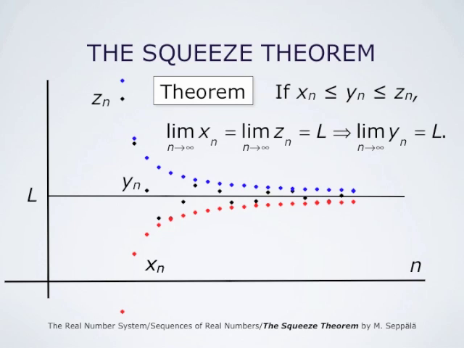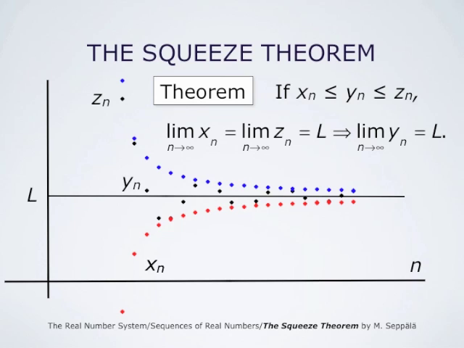Graphically, this can be pictured as viewing the elements of xn, yn, and zn as being the graph of a function defined for positive integer values of n. In this picture, the horizontal axis is the n-axis, and xn, yn, and zn are defined whenever the variable n is an integer.